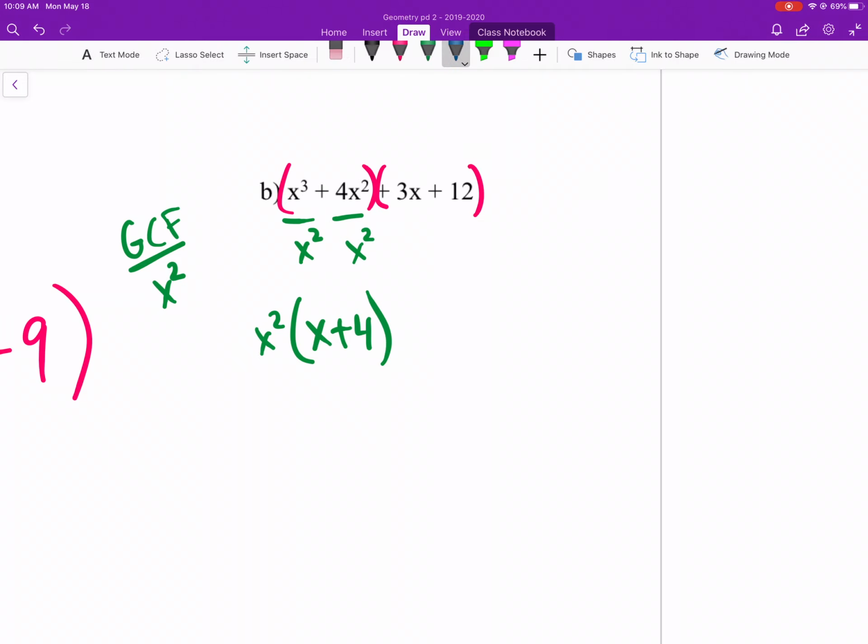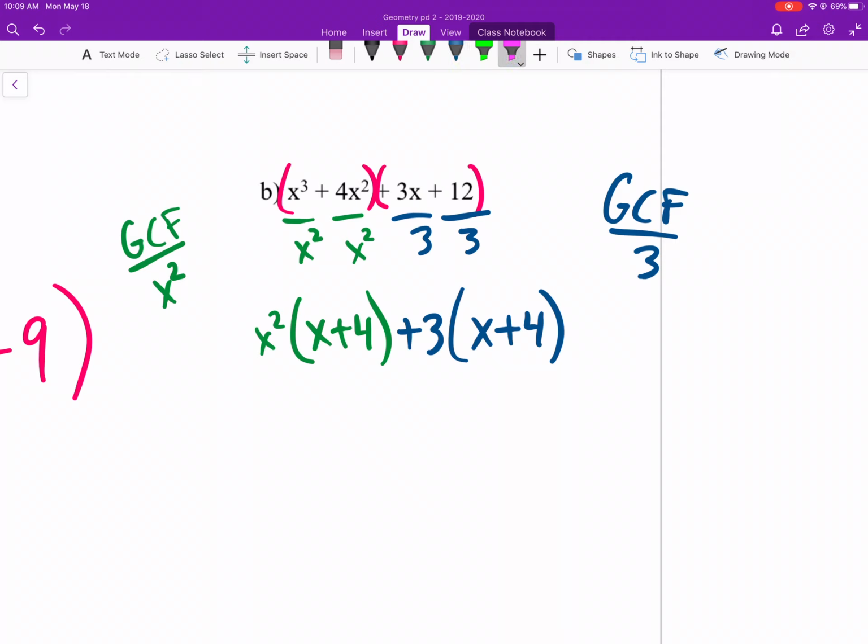Our GCF for the next group, 3x plus 12, what could we divide both of those by? That would be 3. Divide each of these by 3. So plus 3. And then open your parentheses. 3x divided by 3 is x. 12 divided by 3 is 4.